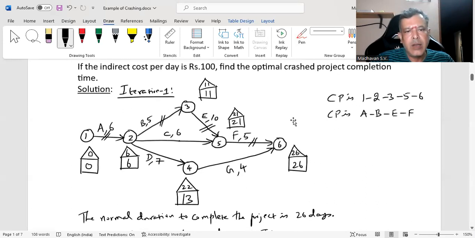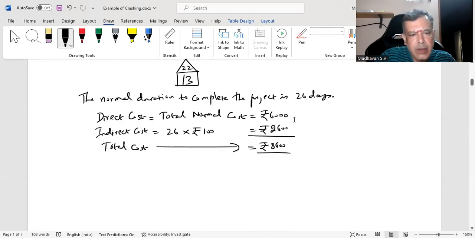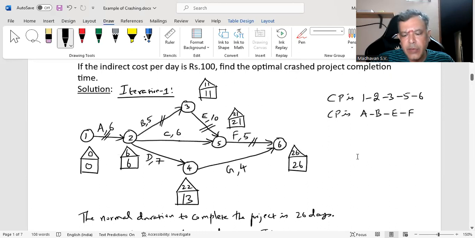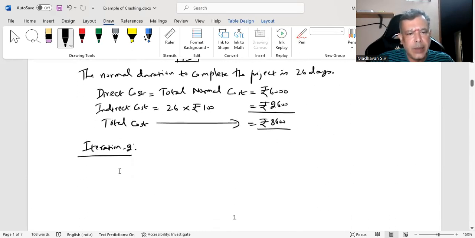Now we will have to start our crashing activity. We'll call that iteration 2. Now we will create a table wherein we will consider the critical activities. There are 4 critical activities. So we'll create a table like this.